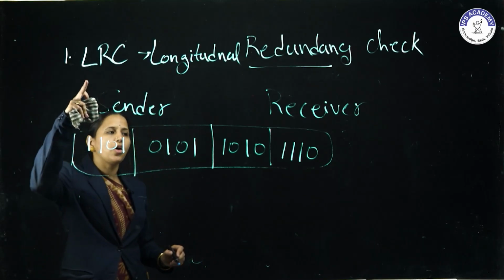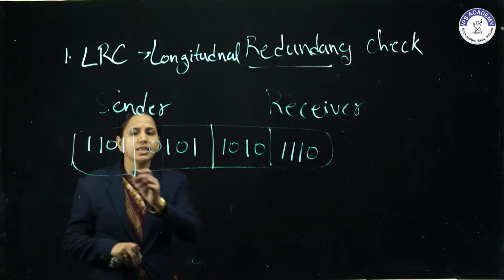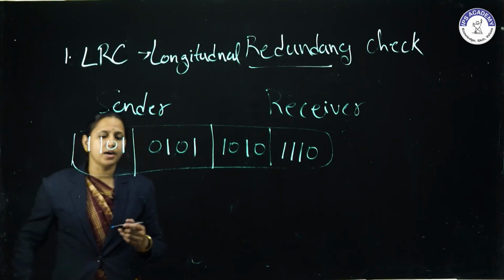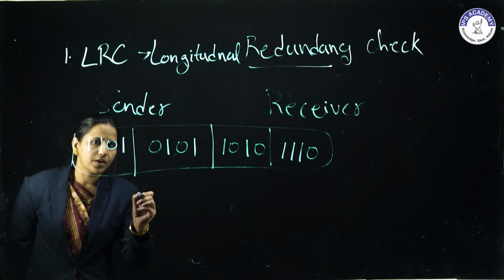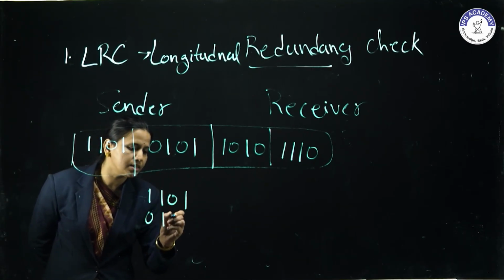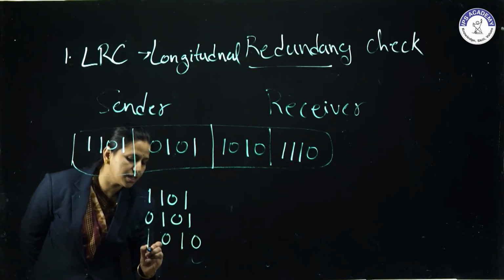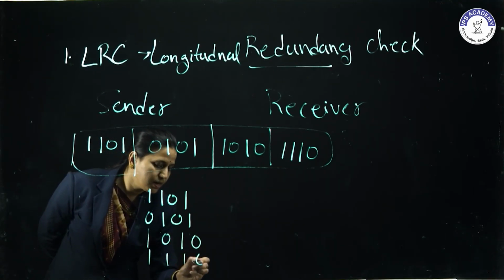In case of longitudinal redundancy check, we need to arrange these 4 words in row manner. First is 1 1 0 1, second is 0 1 0 1, third is 1 0 1 0 and last is 1 1 1 0.